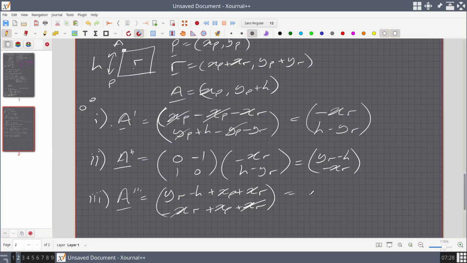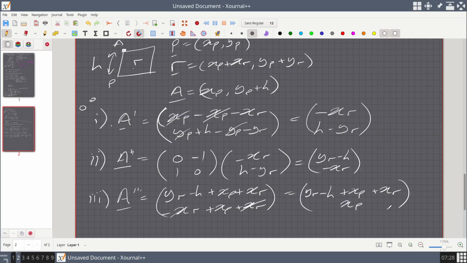So where do we end up? We end up at yr minus h plus xp plus xr. Our y is just xp. That seems slightly hard to imagine. So our y position is guaranteed to just end up being that original x position.